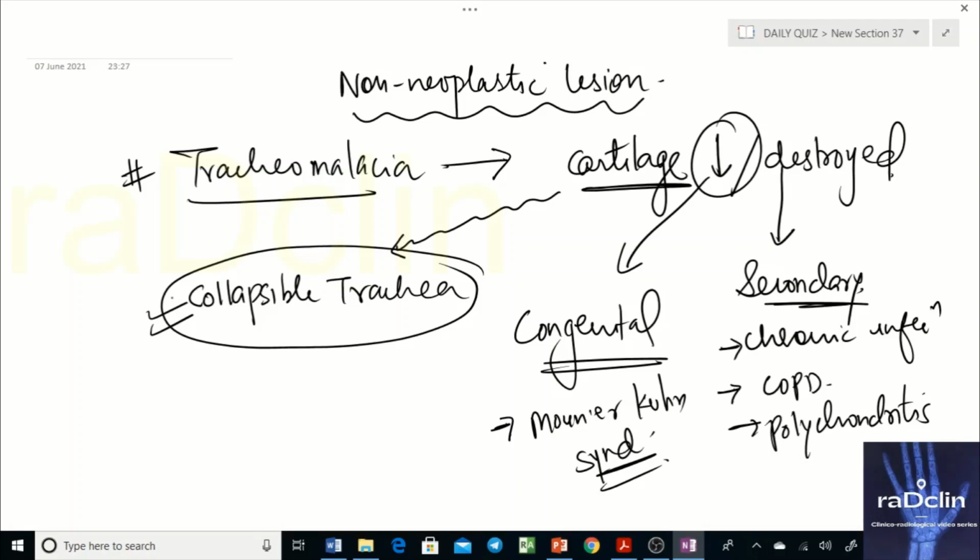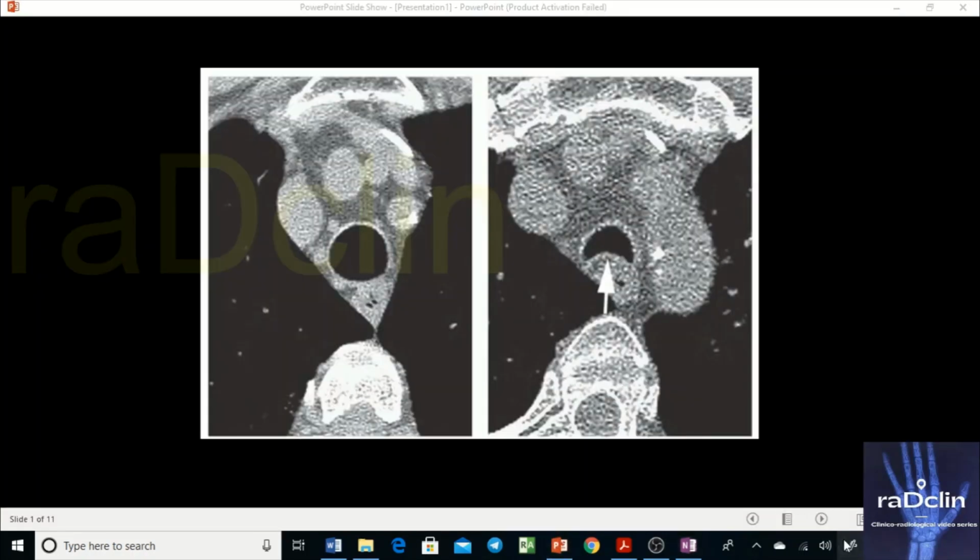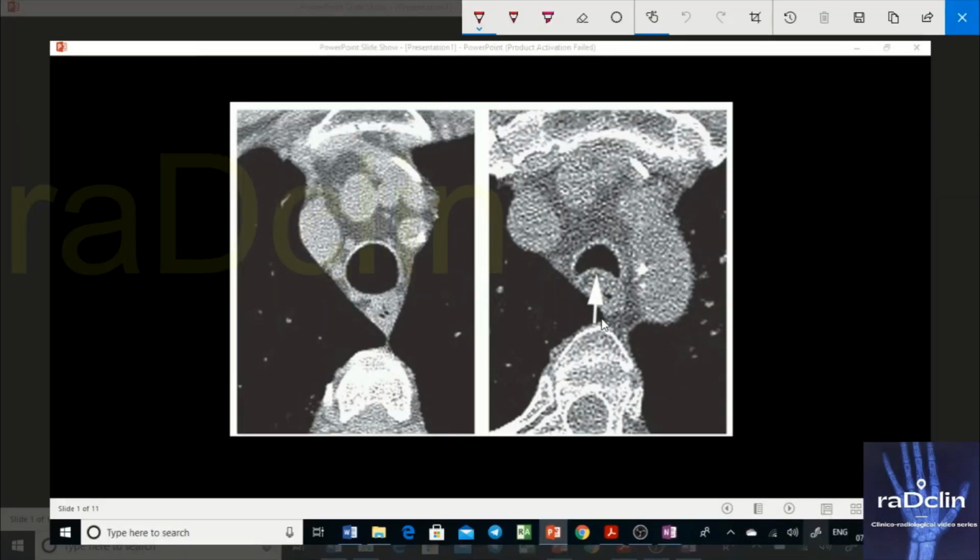Now an important point we need to know is that in a post-expiratory scan we normally see a trachea that collapses, typically its posterior wall. So normally on expiration, the AP diameter of this patient's trachea is reduced, due to anterior bulging of the posterior tracheal membrane.